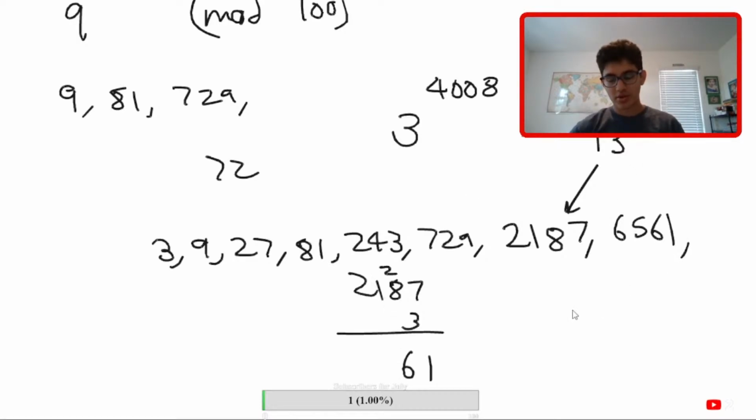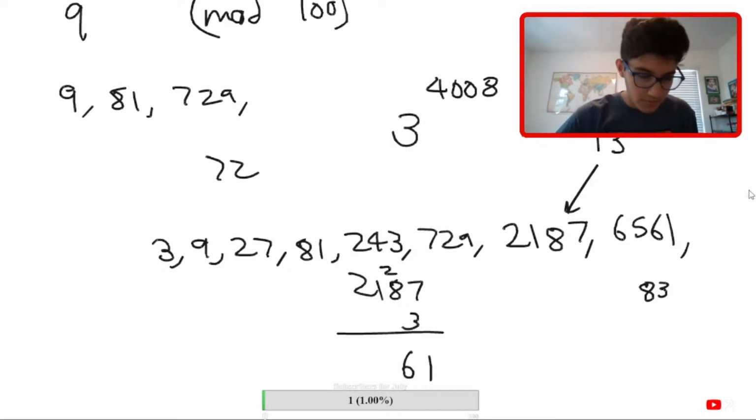Let's do one more from here though. The last two digits will just be 3 times this, which is 183. So 83 will be the last two digits. That doesn't matter either. Wait, I'm being stupid again. I shouldn't worry about all of that.